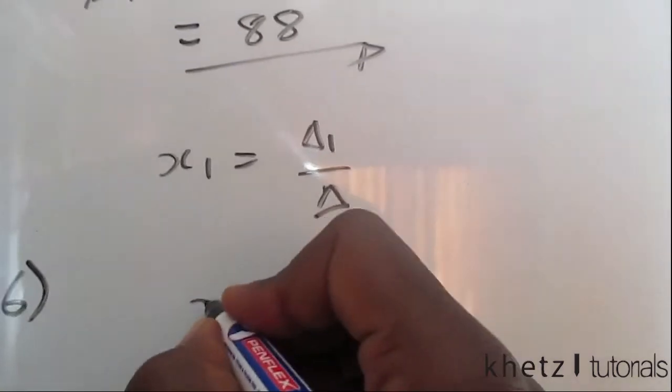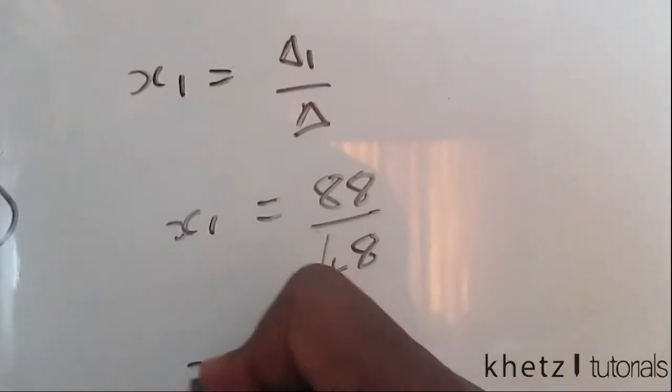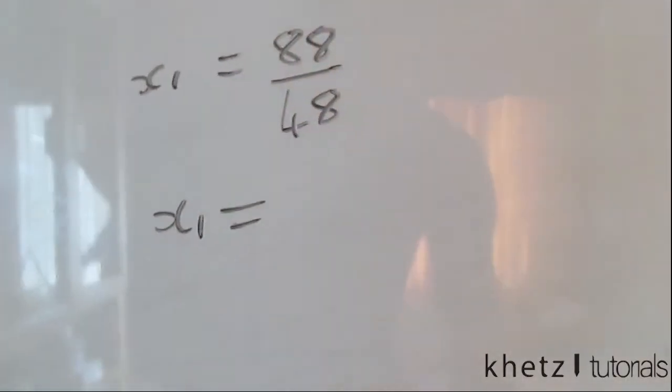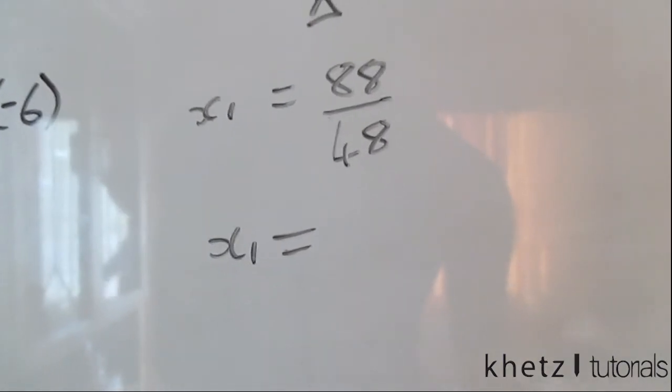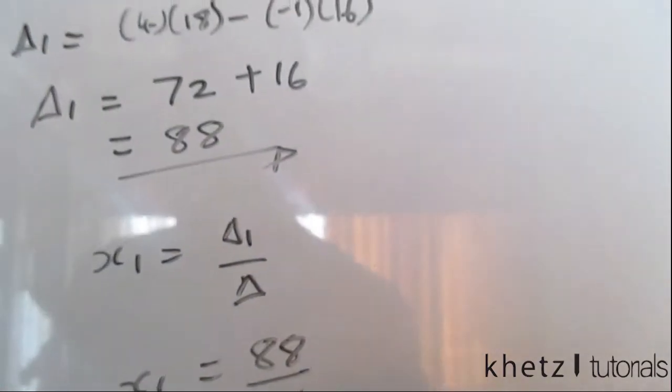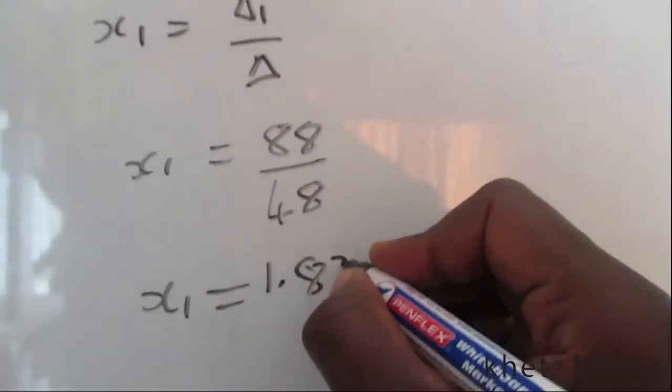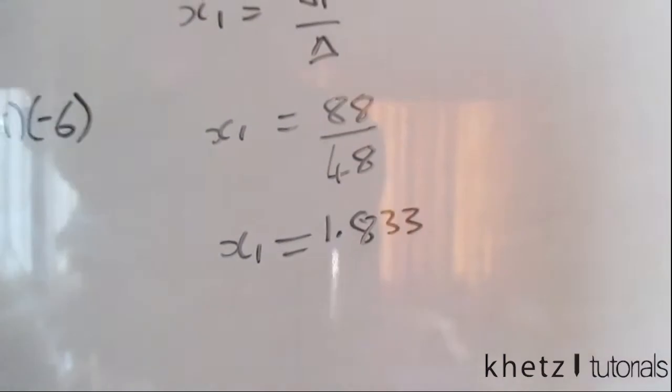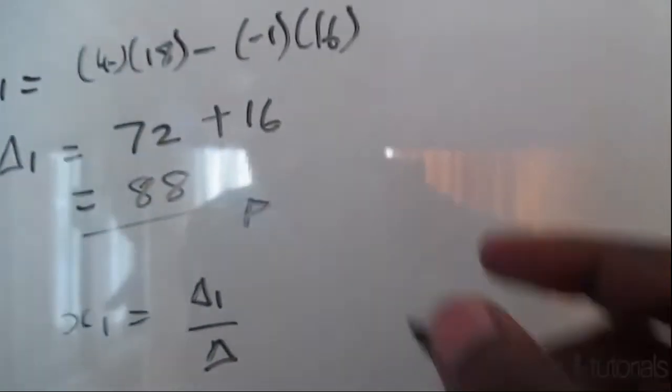So this is how we find x1. So x1 is therefore equal to 88 divided by 48. Let's punch that into a calculator. 88 divided by 48, and the answer is 1.833.